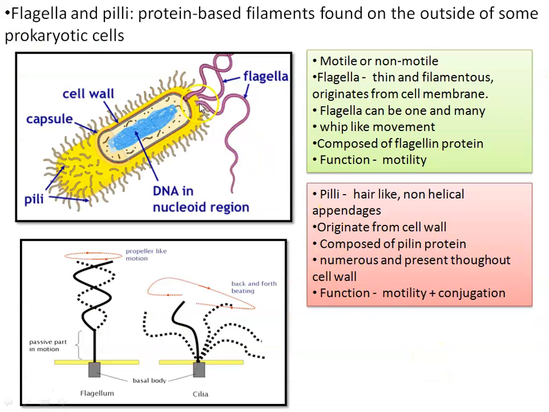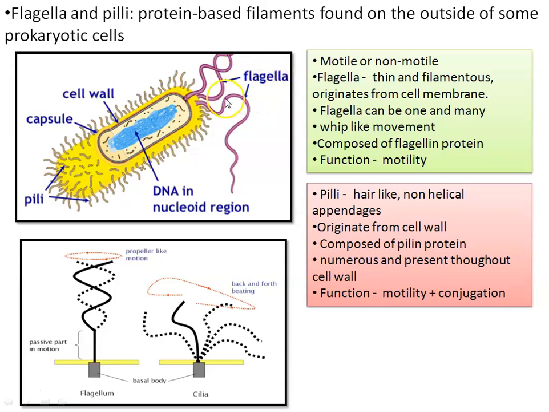The next part is that this cell exists by itself also. So there can be single-celled prokaryotic organisms. For this cell to move here and there, it should have certain filaments which help a prokaryotic cell in movement. One such filament is known as flagella.